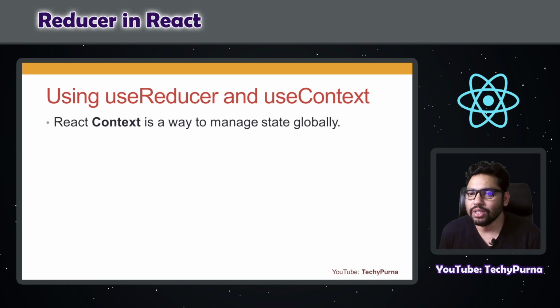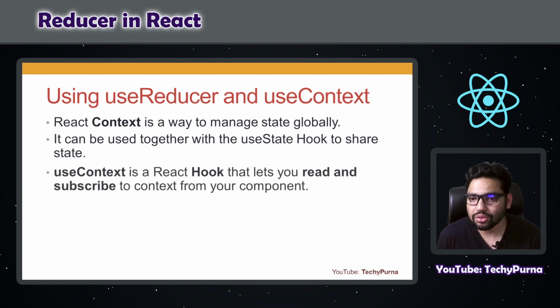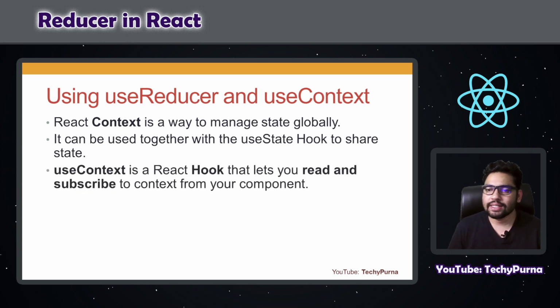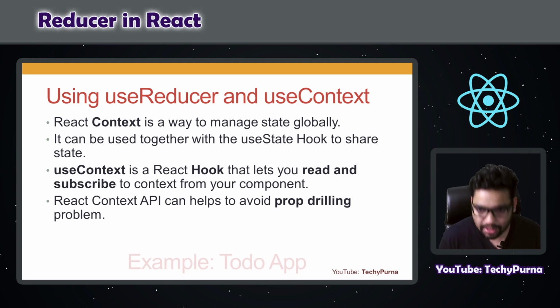The React context API can be used for managing global state, and we can use it with the useState hook. useContext is a React hook that lets you read and subscribe to the context from your component, and the React context API can help avoid prop drilling, which we already discussed.